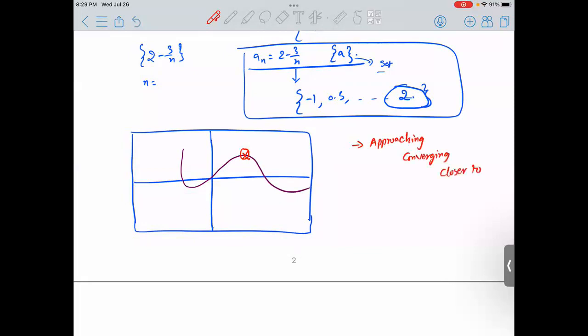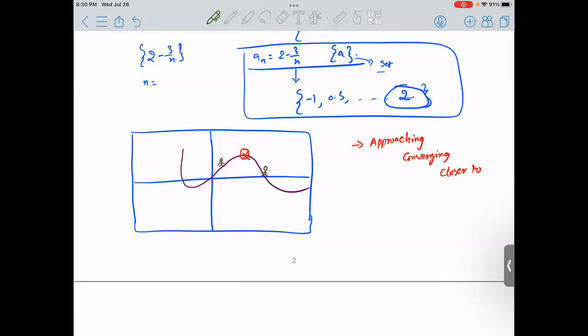What this actually means: there is a person walking from this side and a person walking from this side.